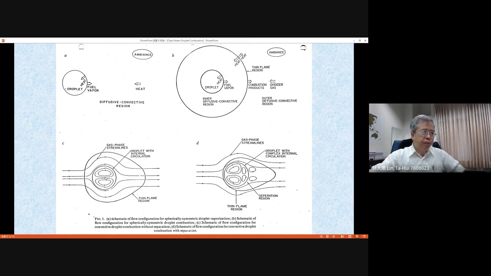But anyway, the first interaction between the gaseous flow and the liquid is that motion coming from the gas phase attaches to the liquid surface, then induces the recirculation zone inside of your liquid drop. This is the first thing you need to understand, the influence coming from the flow convection.